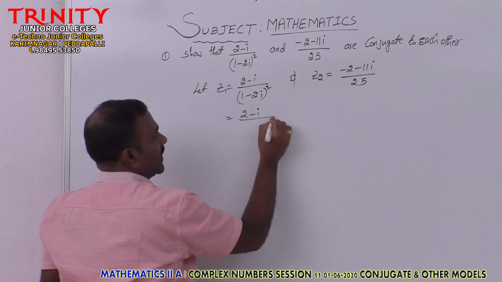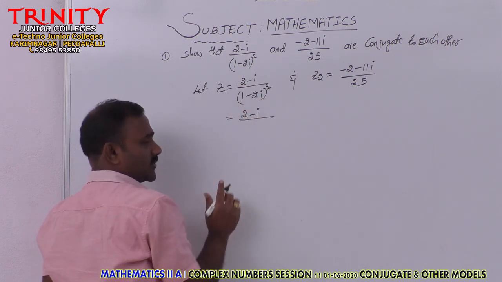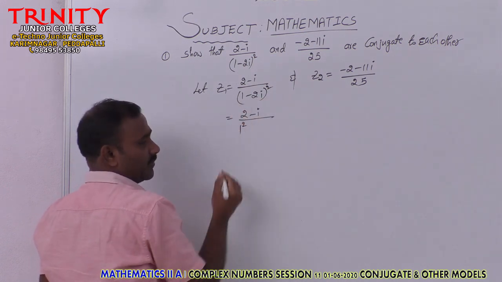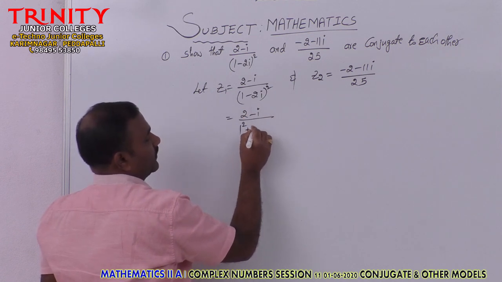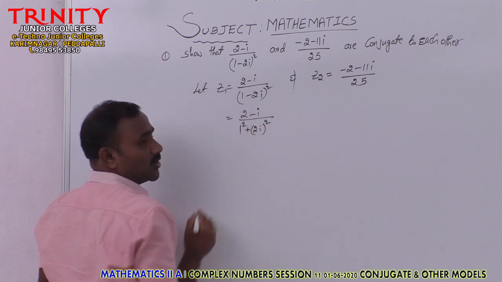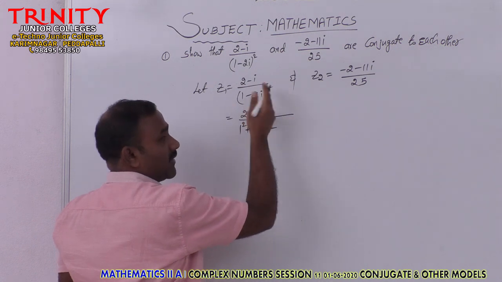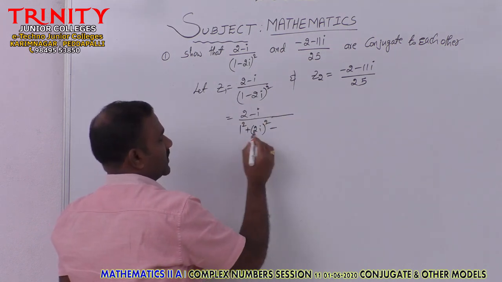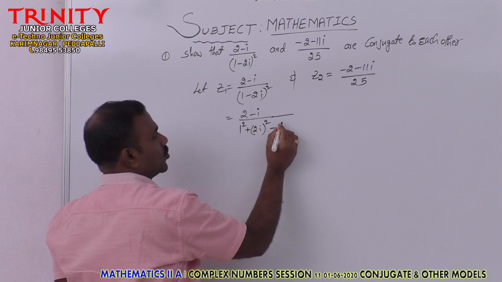(2 minus i) by (1 minus 2i) whole square. The general form of (a minus b) whole square is a square plus b square minus 2ab.